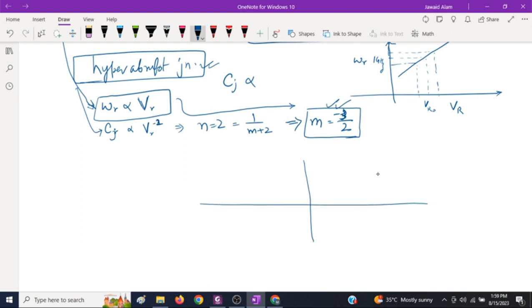These junctions would look like this. This is nothing but a profile where Na minus Nd is equal to some constant alpha times x to the power minus 3 by 2, that means 1 by x root x.